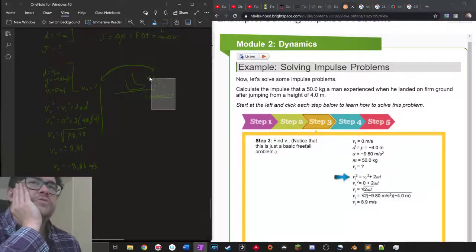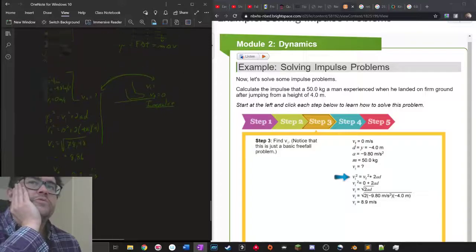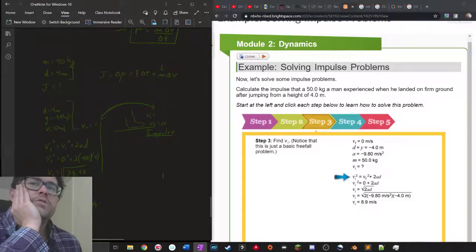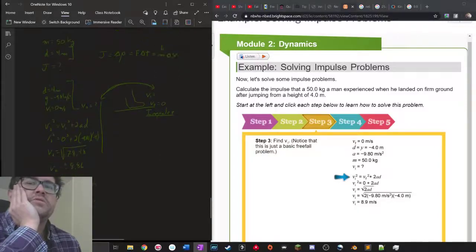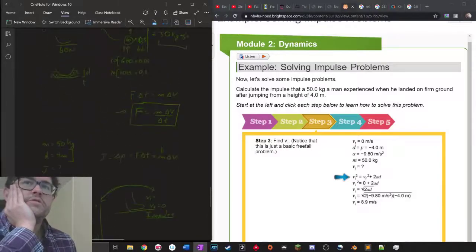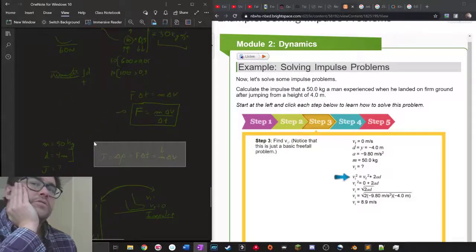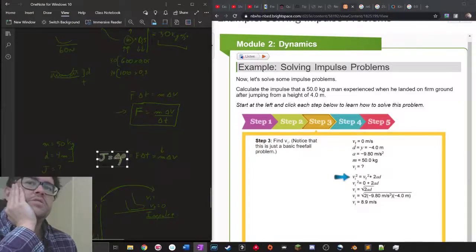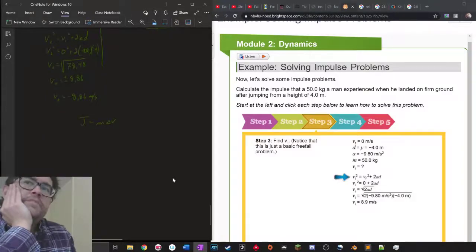So basically, okay, so we have V2. What do we do with V2? We can find delta V. Do we have the mass? 50. It's over already. So J is equal to m delta V. J is delta P, is delta V. And J is m times V2 minus V1, which is delta V. The mass is 50.